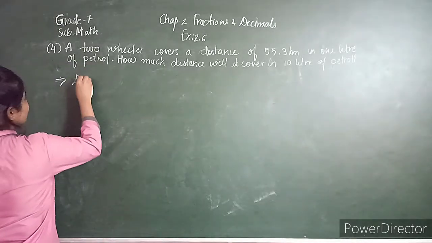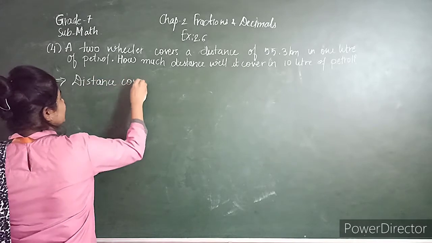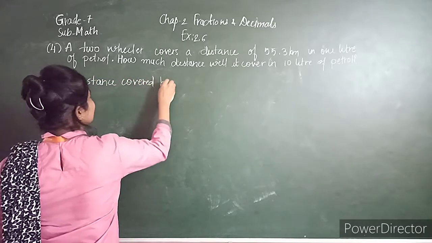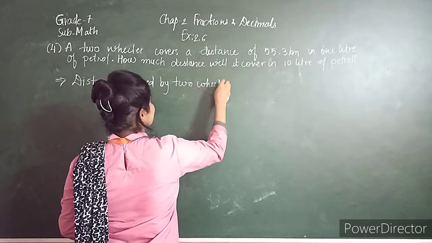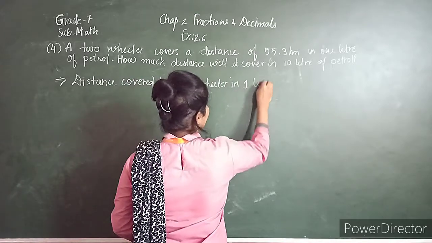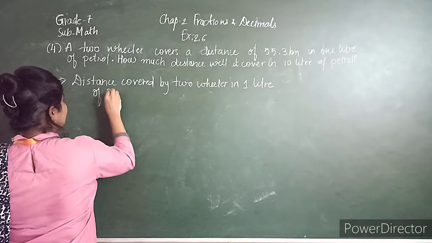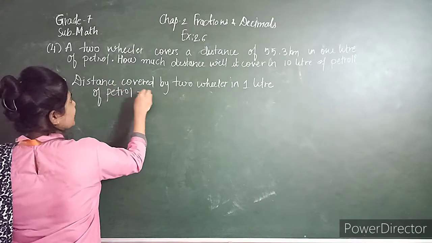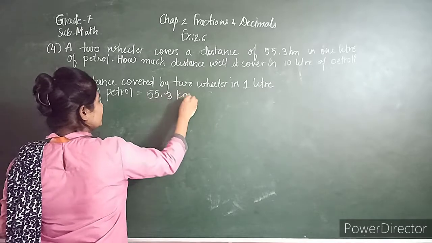So here the statement first, distance covered by two-wheeler in 1 liter of petrol is equal to 55.3 kilometer.